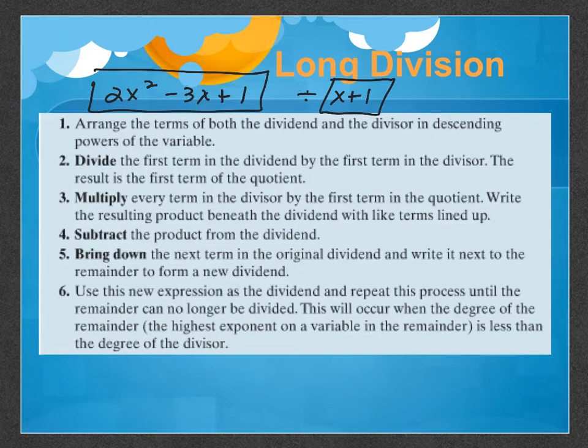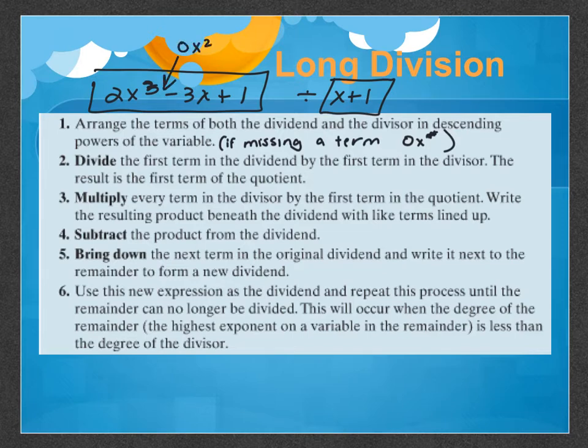And if you're missing a term, you're going to add in a term. So if missing a term, you're going to add in 0x to whatever power that is. So if I had an x to the third here, and I didn't have an x to the second, then I would add in a 0x to the second.